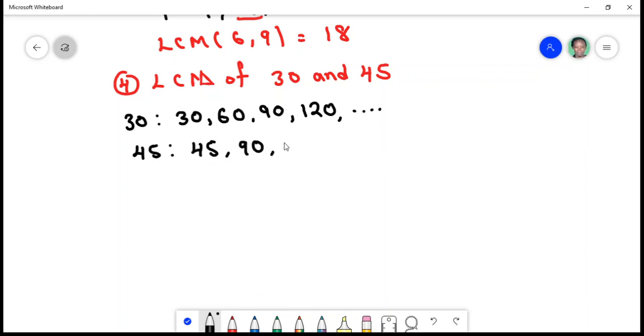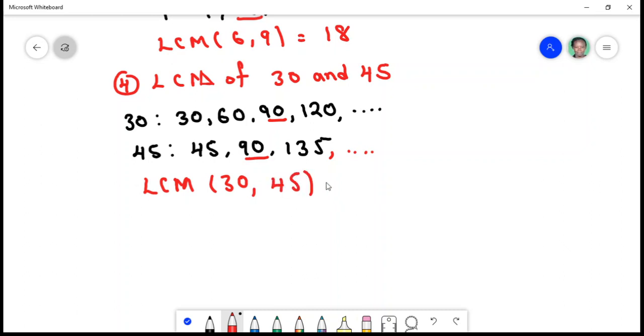Also add 45 for 135. So you realize that I have 90. I'm not continuing because I have the least common one here. I see 90 and 90 here as well. So quickly you realize that your least common multiple for 30 and 45 is going to be equal to 90.